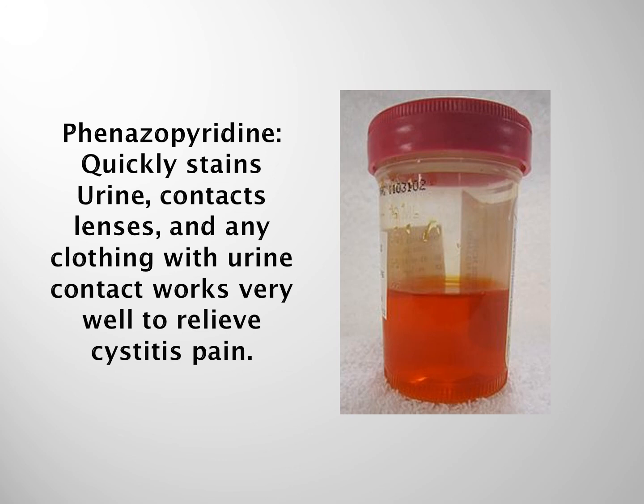The main thing to remember about it is, firstly, that it's very effective, and secondly, that it stains other body fluids, such as your tears, and to avoid wearing contact lenses. And to also tell the patient that it'll stain any clothes that it comes in contact with as well.